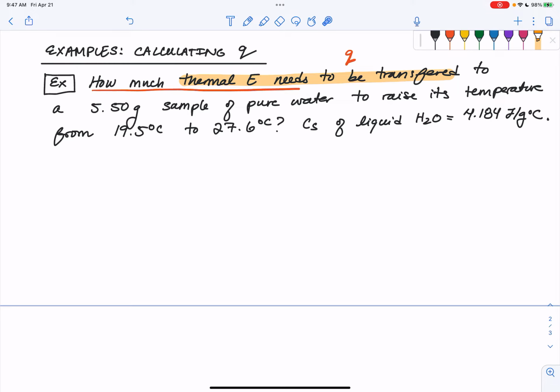So back to the problem. How much heat? So heat is what we don't know. So let's write out what we do know about heat using our heat equation that includes our specific heat capacity.